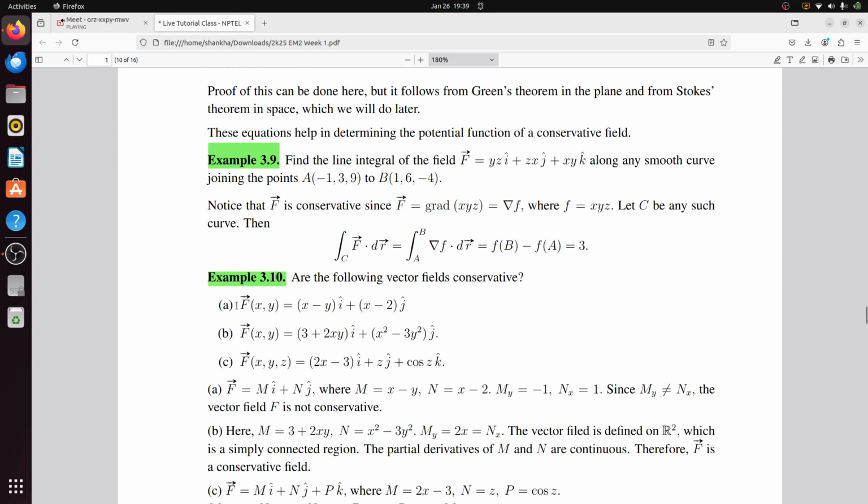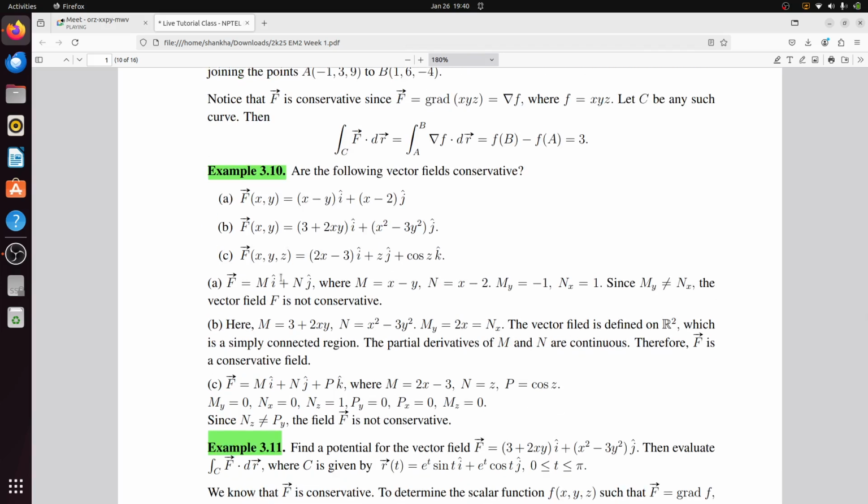So if you have this sort of problem, like see, if you have a conservative vector field, then its curl should be 0.